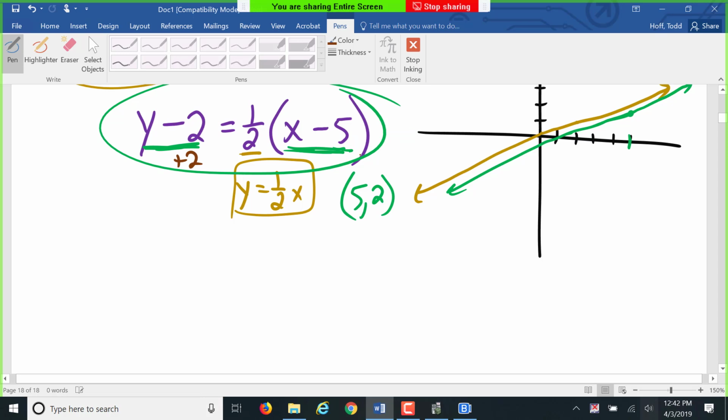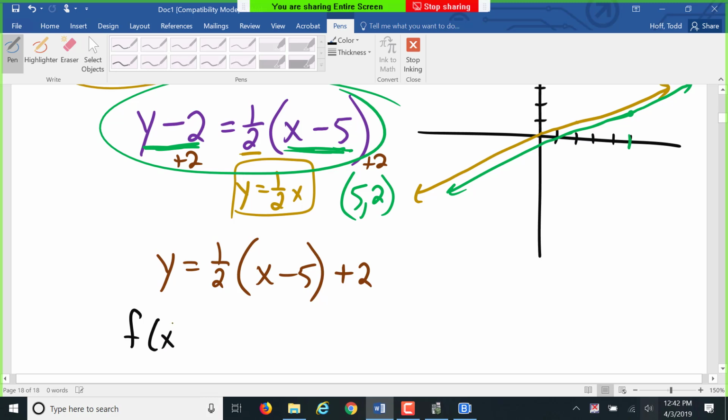We're going to add 2 to both sides. So this is y equals 1/2 times x minus 5, and now that minus 2 becomes a plus 2 on the other side. So in function form, this is f of x equals 1/2 times x minus 5, then plus 2.